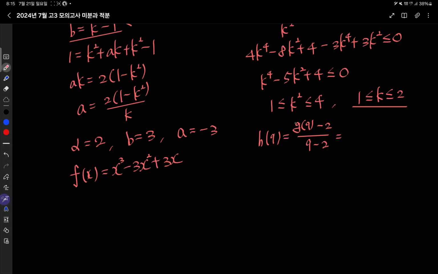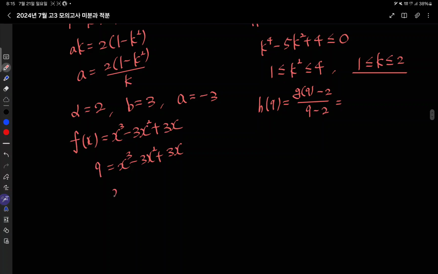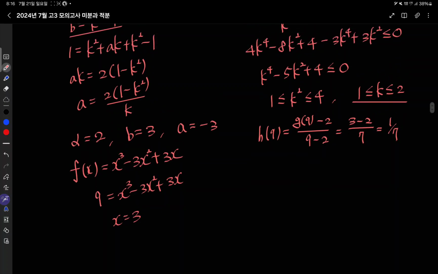And to find g of 9, f of x is 9. When you solve this equation, x is 3. That means g of 9 is 3. So h of 9 is 1 over 7.